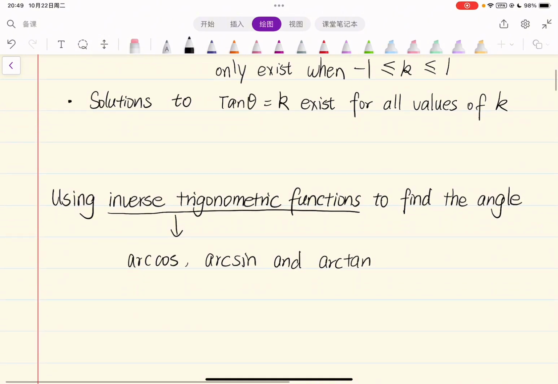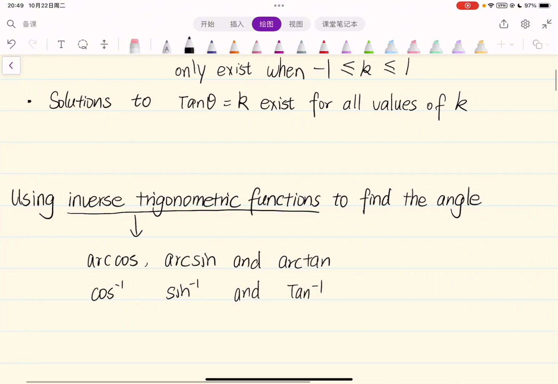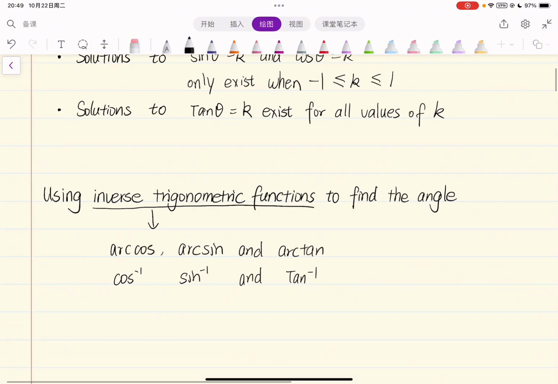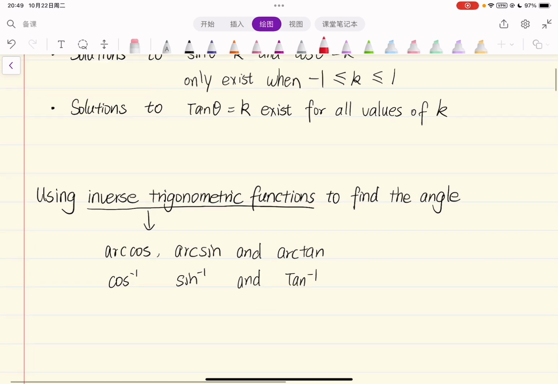They can also be written as cosine minus 1, sine minus 1, and tangent minus 1. You need to be aware that this is different to cosine theta to the power of minus 1. They are completely different.